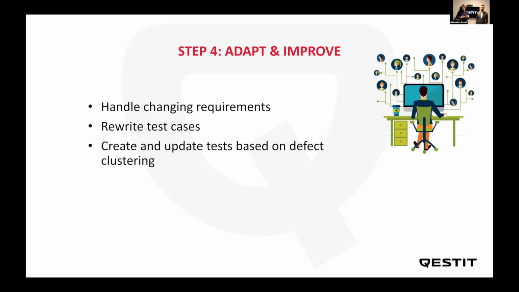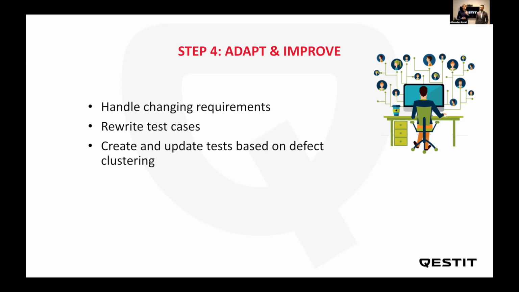And from here, I believe that AI can take a bigger step, so we can start to integrate AI within our CI/CD pipelines. And when we have different changing requirements, the AI can start updating our test cases on the fly and rewrite those test cases.